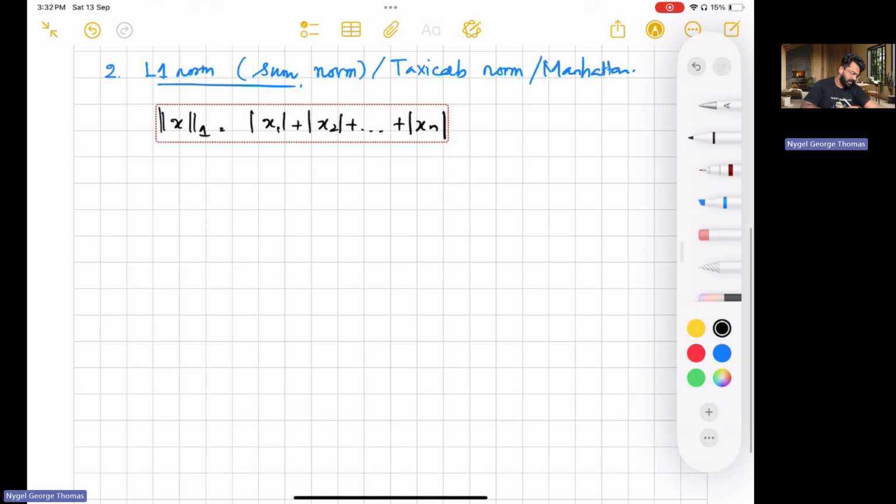Another norm is the max norm, which is the L infinity norm.